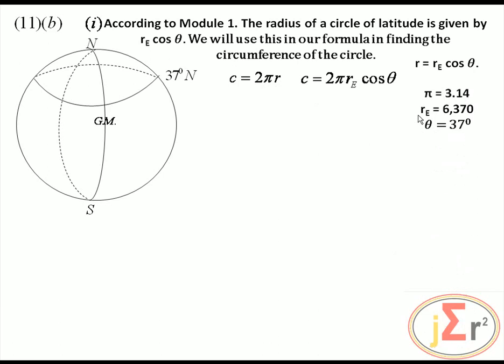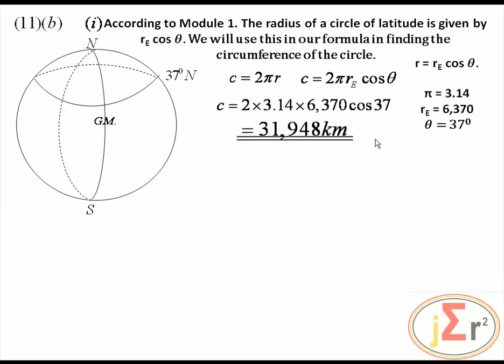The radius of the earth is 6,370 kilometers, and theta, which is the angle of latitude, is 37 degrees. So that is our expression. When that is simplified, we get 31,948 kilometers.